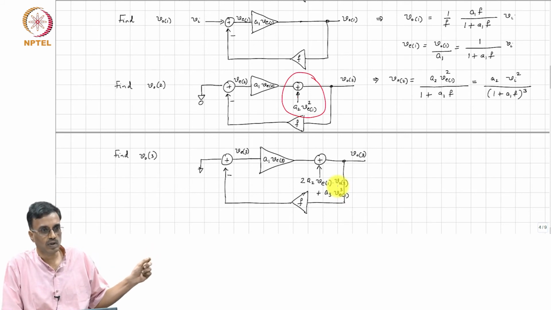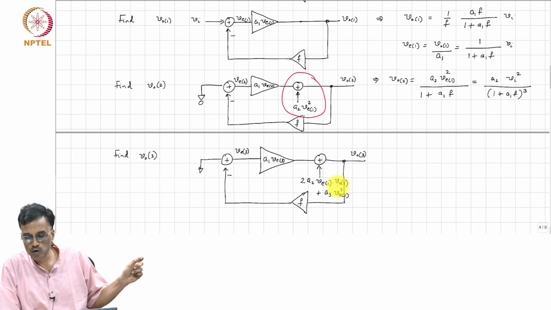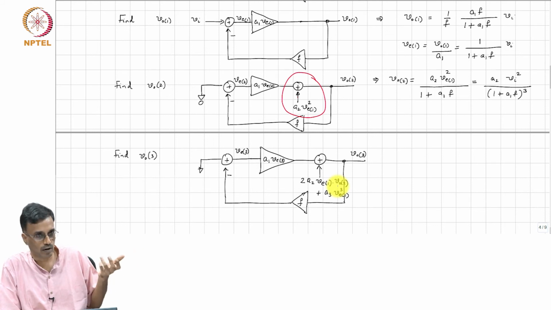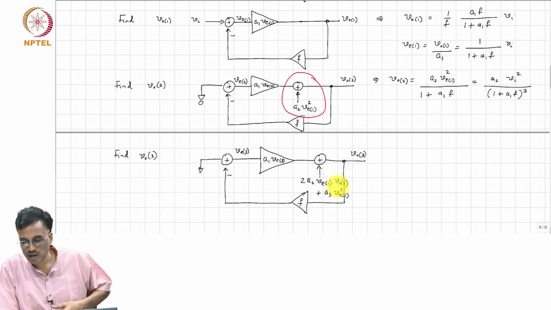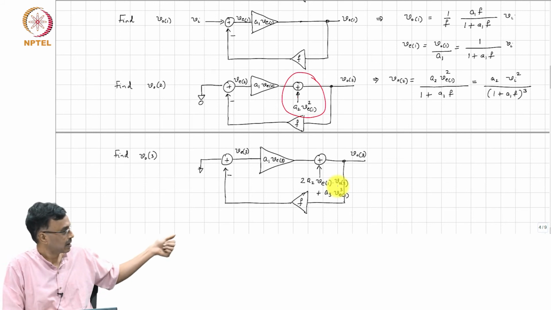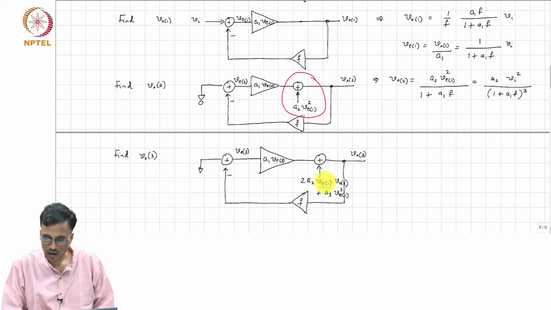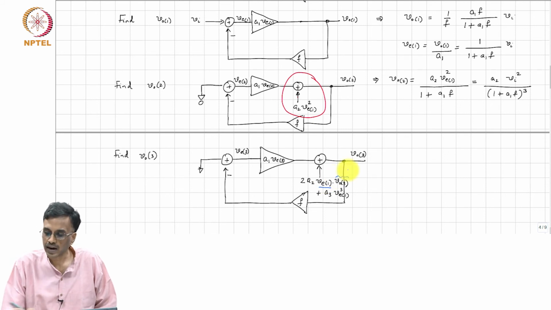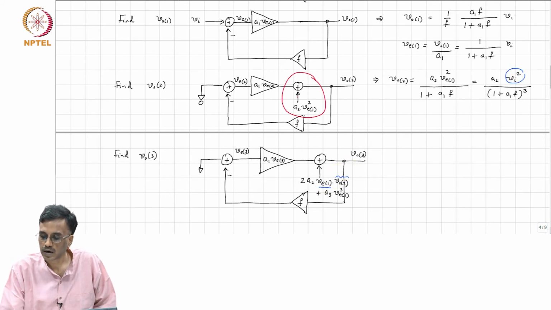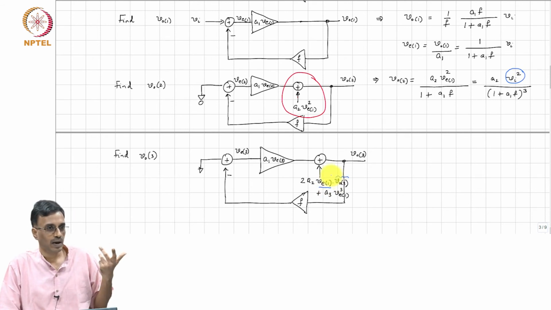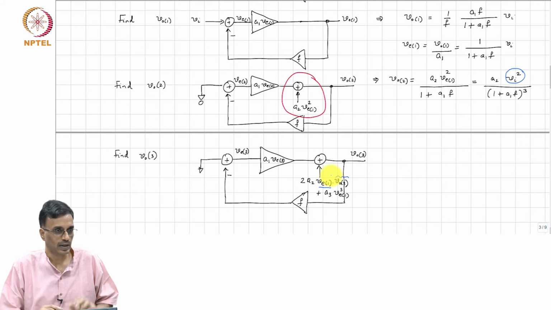So if you double the input, V error 1 will double, and V error 1 the whole cube will go up by a factor of 8. V error 1 of course is directly proportional to the input. VO2 on the other hand is proportional to the input square, and therefore this whole product will go up by a factor of 8, right. So that is the sanity check.